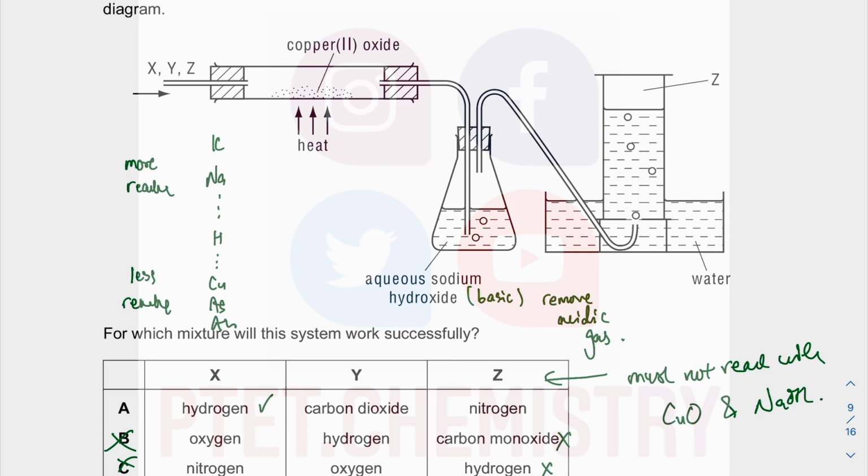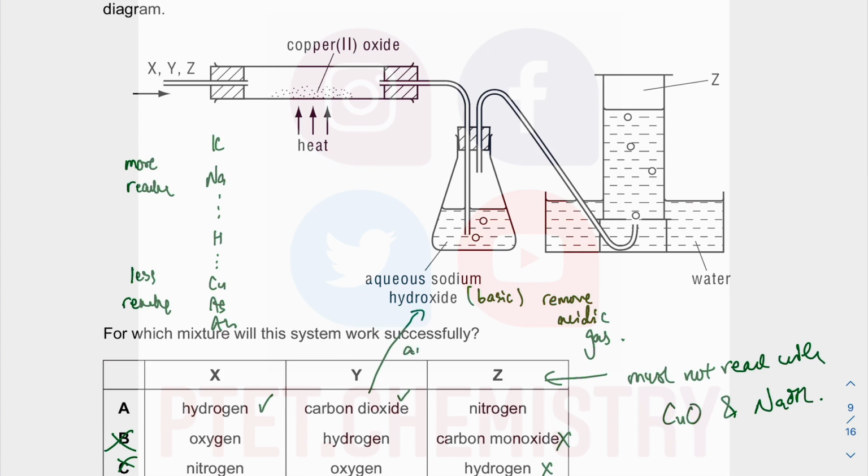What else can we do? Nitrogen and oxygen. Okay, leaving us down to A and D. If you have hydrogen and carbon dioxide, that will work because carbon dioxide is acidic.